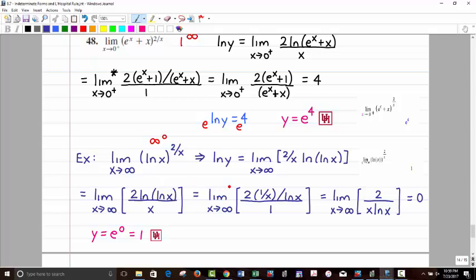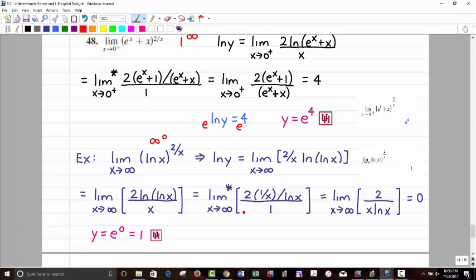So I'm taking the derivative of ln of x. The derivative of ln of x will be the derivative of x divided by x, so 1 over x divided by ln of x.